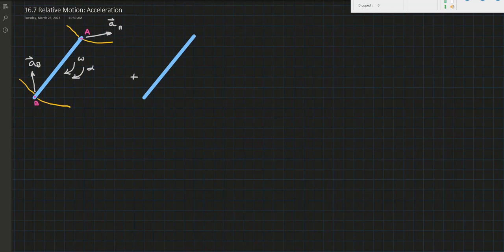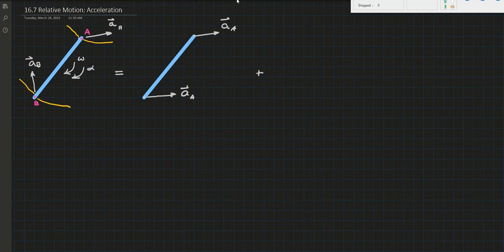where we have a translation. Let's say acceleration of A is our translation. And then we'll add to that. So this isn't like the addition here. This is an equal sign.